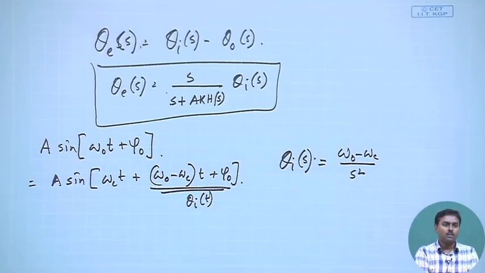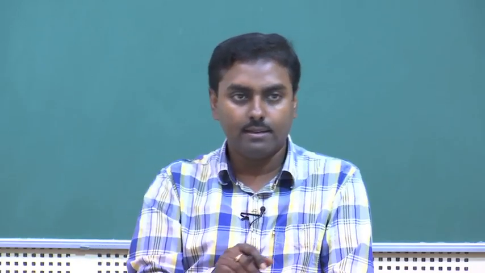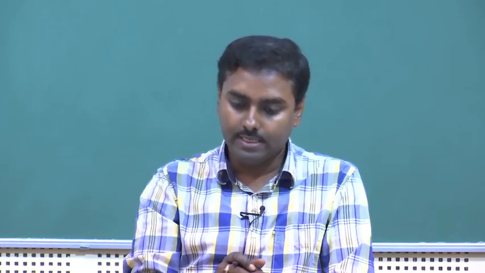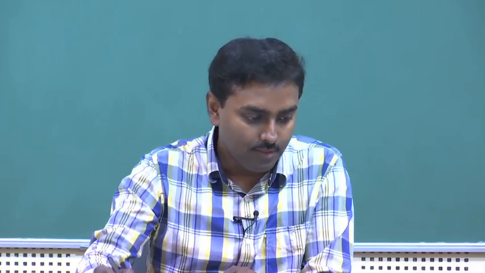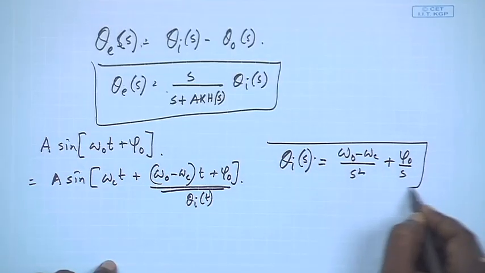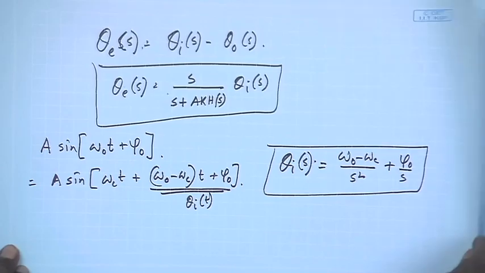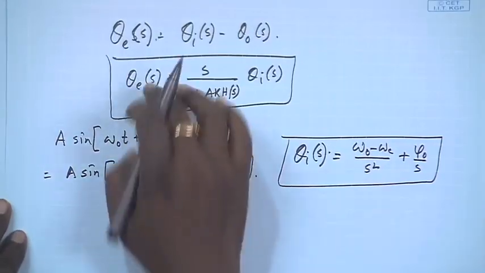So, just go through the list of Laplace transforms. So, we will be seeing that linear in time gets 1 by S square, and a constant will be 1 by S, right. So, I can write that as, I do get this, right. So, theta i(s) is evaluated. Now, let us see theta e(s) from this relationship.